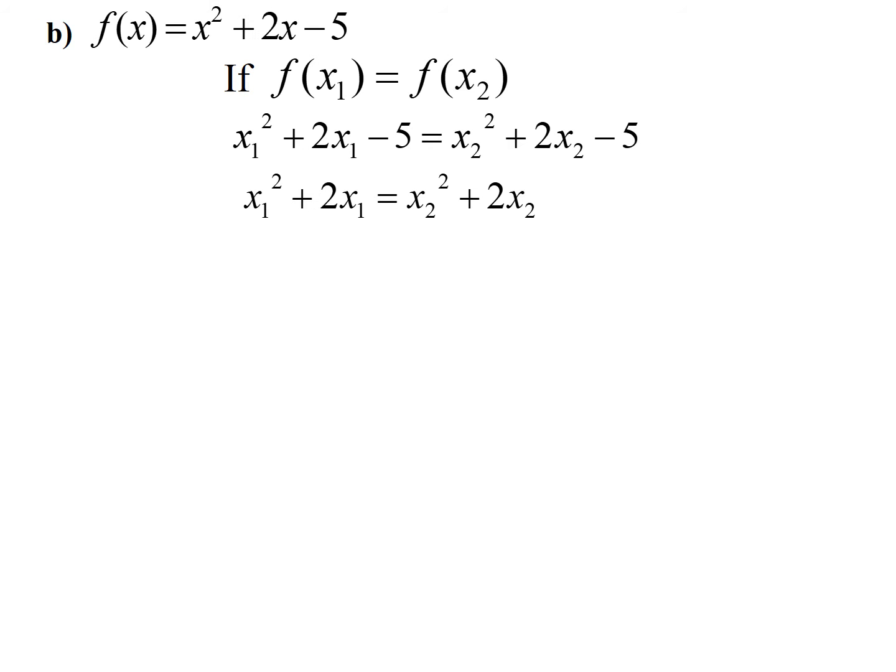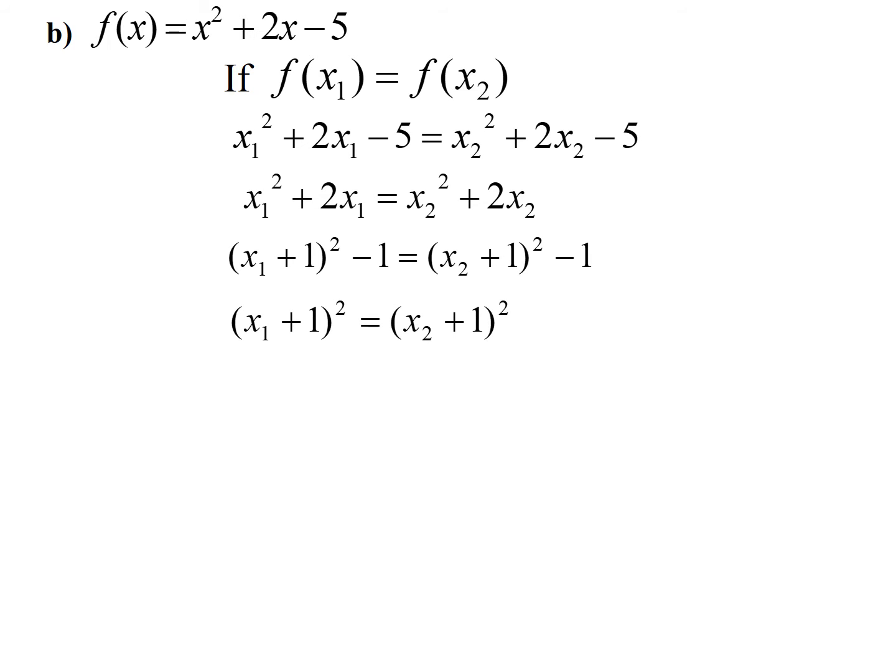And it will get (x1 plus 1) squared minus 1 on the left hand side, and then equals (x2 plus 1) squared minus 1 on the right hand side. So we have to complete the square. And then after that, negative 1 we can cancel out since it becomes negative 1 plus 1. So then we have (x1 plus 1) squared equals (x2 plus 1) squared.